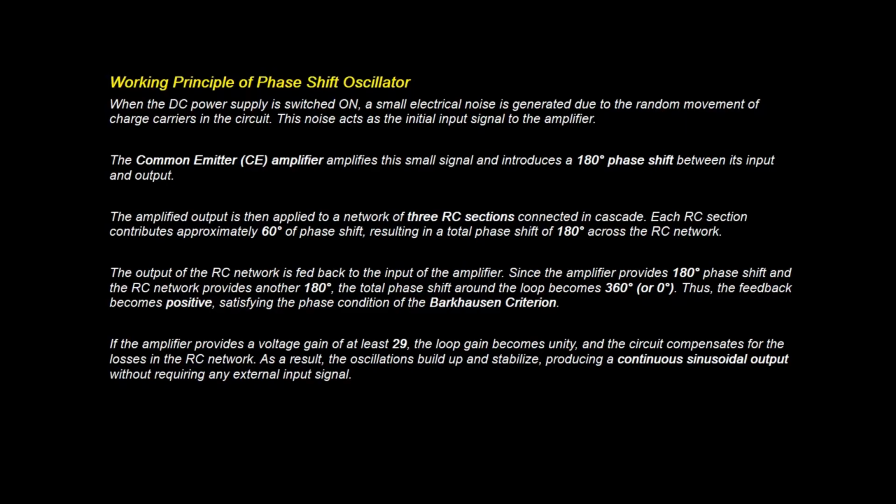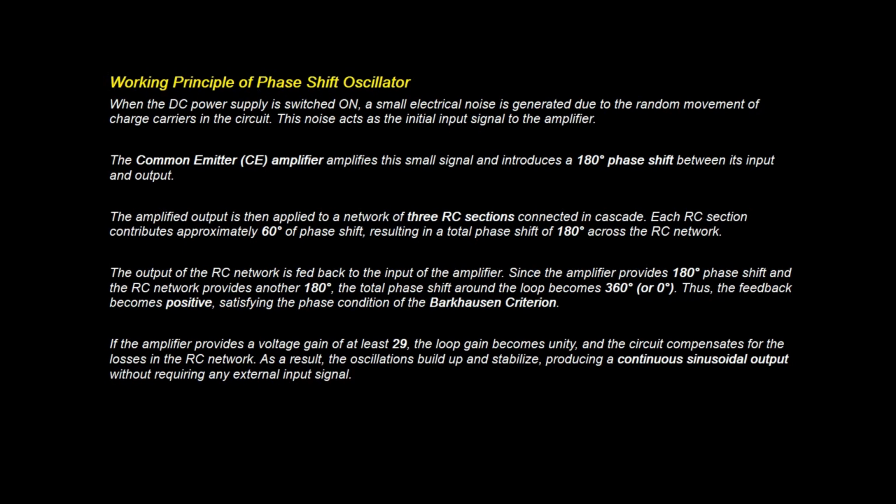Now the working principle of the phase shift oscillator. When power is switched on, a small amount of electrical noise is present inside the circuit. This tiny signal is amplified by the transistor. The amplified signal passes through the RC sections.